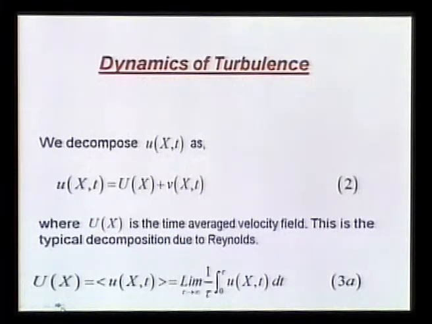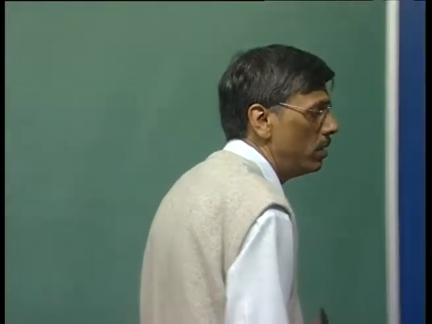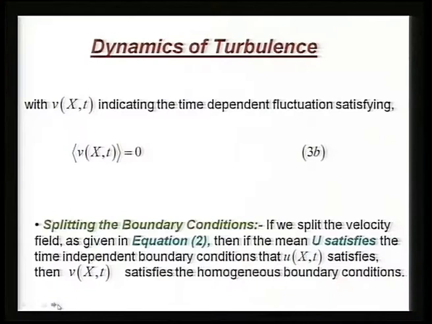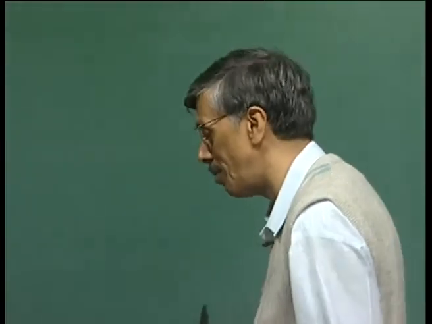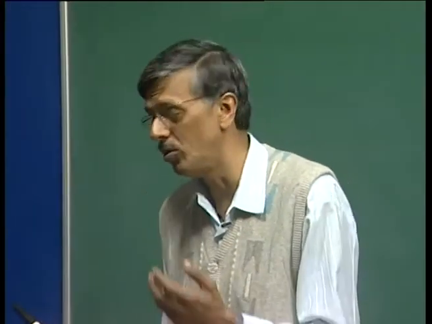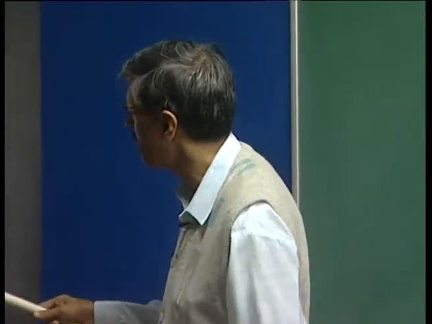So, this is your mean flow or the time independent flow part. Okay. This was what was originally done by Reynolds, and it is called double decomposition, because you are taking the full flow field, splitting into a time averaged part and a fluctuation part.